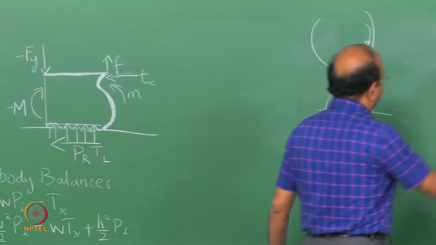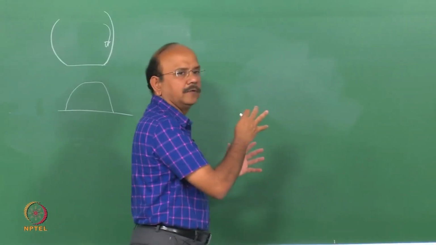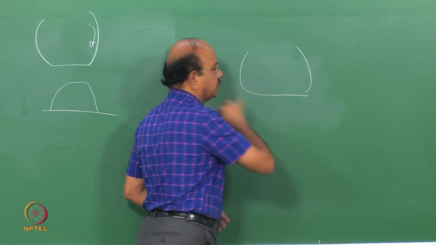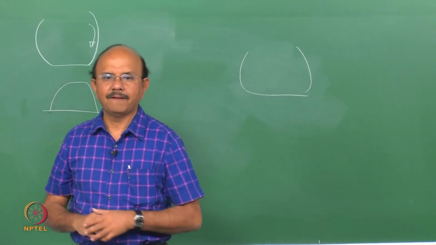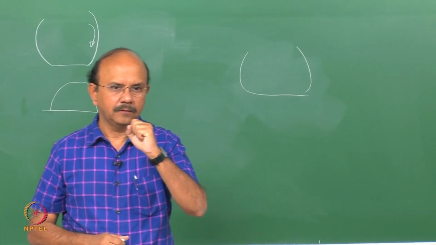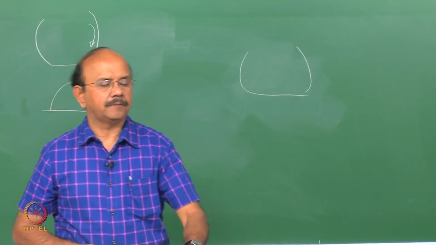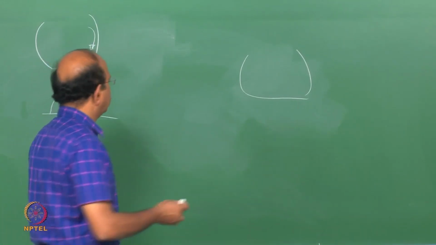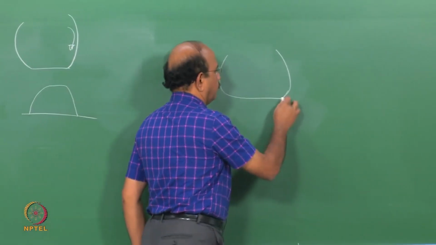If this tire is to be made up of a membrane whose bending stiffnesses are very low, say for example you take a balloon, blow it, and then just press it on the ground, the contact pressure will be uniform.